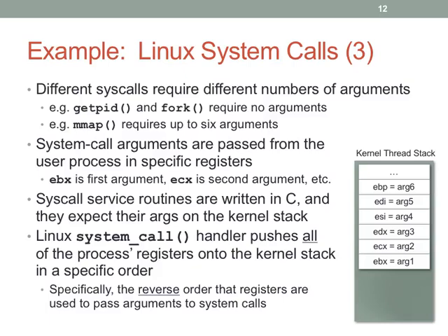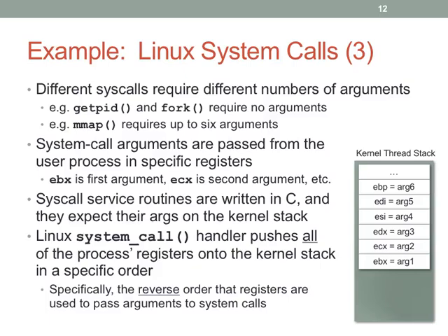Notice EBX is the first argument, ECX is the second, EDX, ESI, EDI, EBP. And notice how cleanly they're laid out on the stack. ARG1 is the lowest value, ARG2 has the next higher address, and so forth, all the way up. Okay? And so the system call handler actually pushes these registers onto the stack in reverse order. Okay?